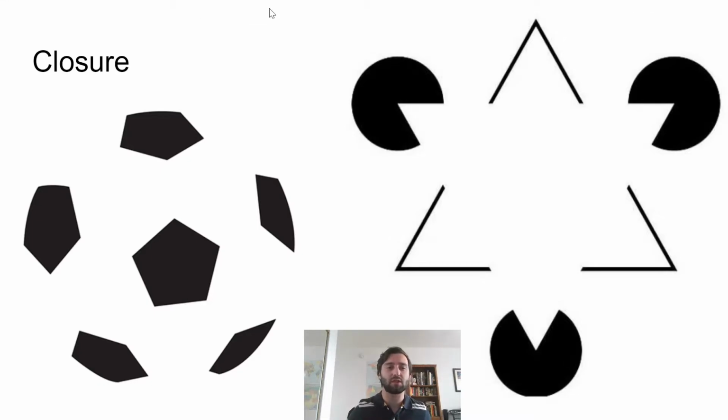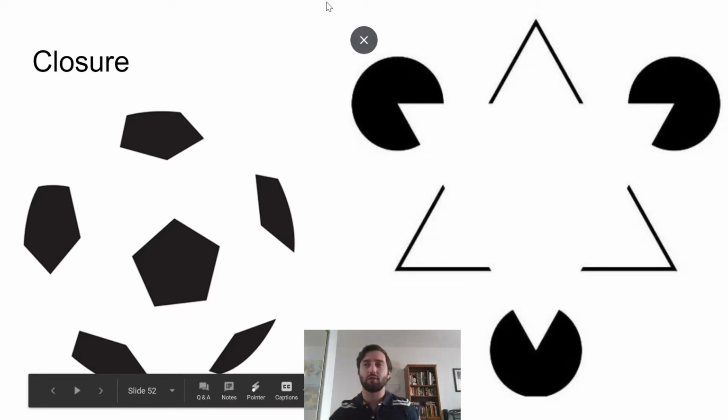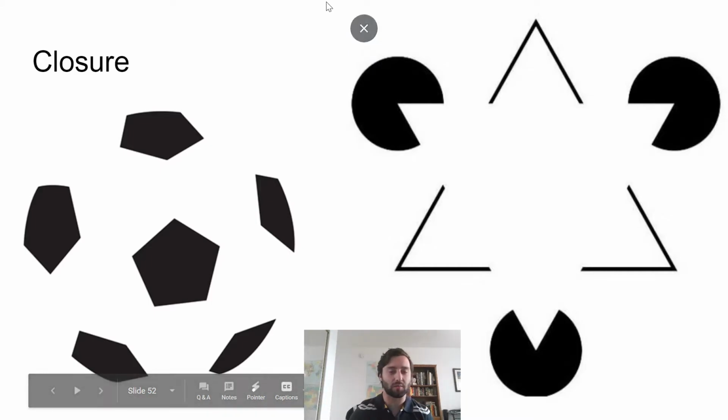So when you look at this image here on the left, the question is, what do you see? Now, the answer for most of you is probably a soccer ball, right? You see the circle here, here's the edges, here's the colored squares. Now, the reality is there is no soccer ball there.